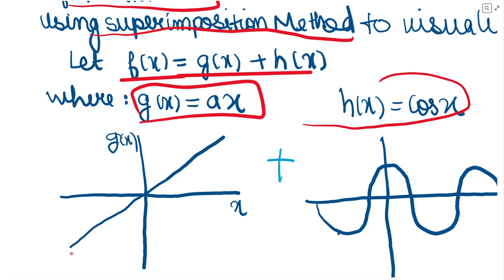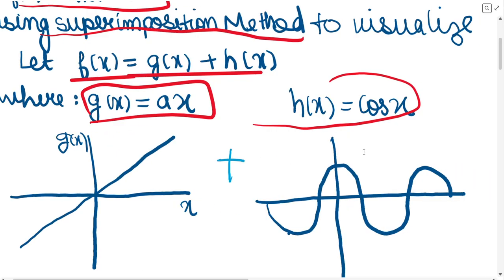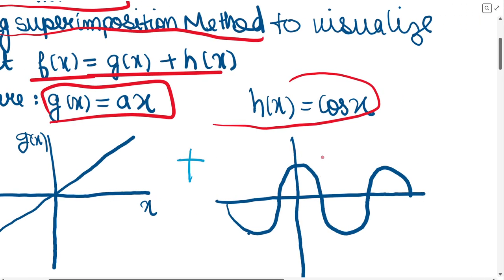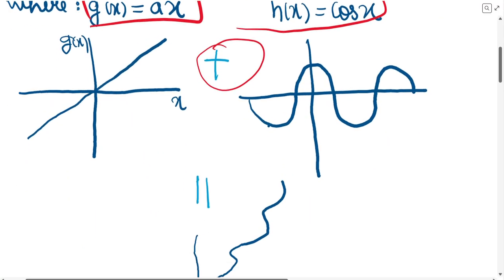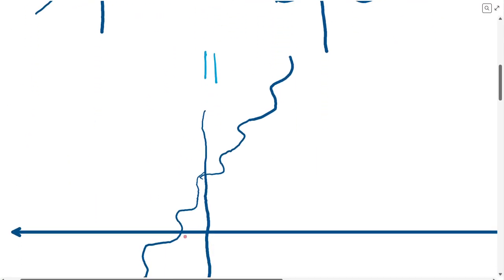When we plot a linear function, g(x) is ax, where a is the slope. Then we have h(x) as cos x. Now when we apply superimposition, we try to plot g(x) plus h(x). The graph is going to look like this.